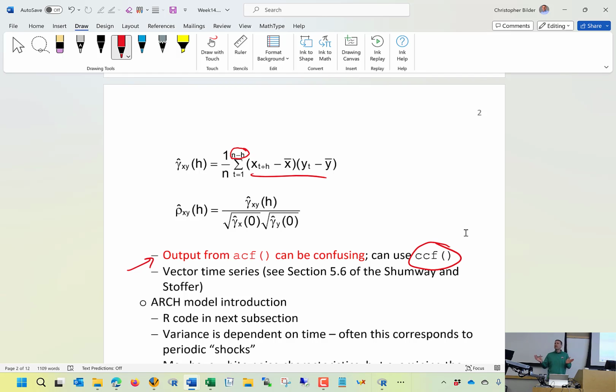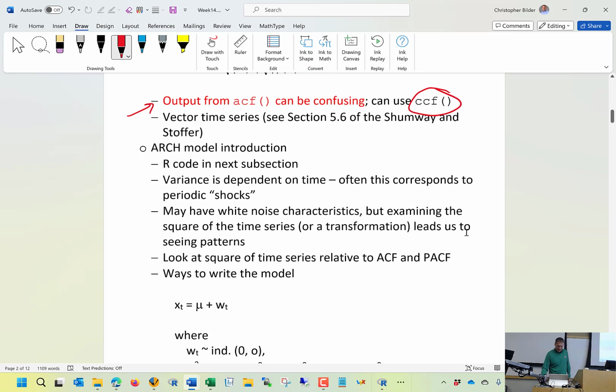The CCF function is much more straightforward, and so I recommend using that. I still introduced the ACF function because we've been using it before. And so, if we can still use it for cross-correlations, why not take a look at it? But again, it's a little bit confusing.